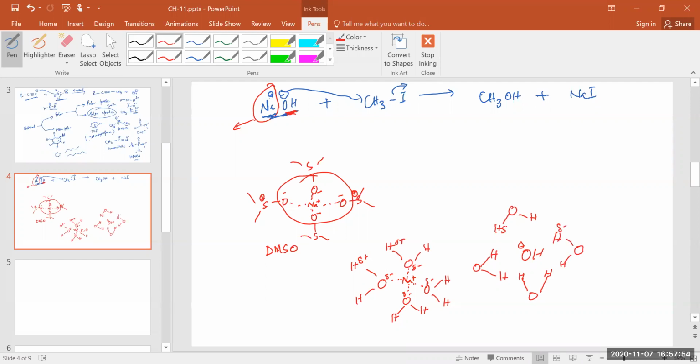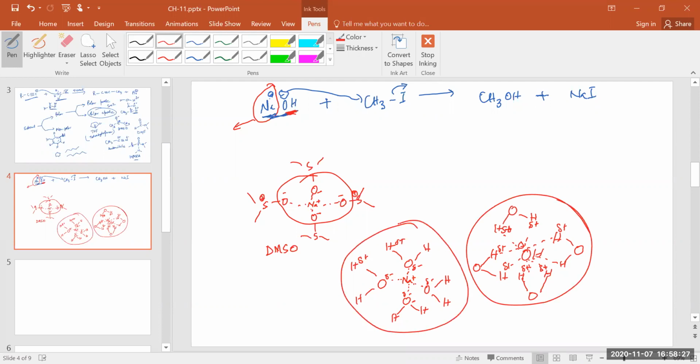Here this is delta positive, delta positive, delta positive. This will make a cage like this. So the positive charge is caged by the oxygen, and the OH minus is caged as well.